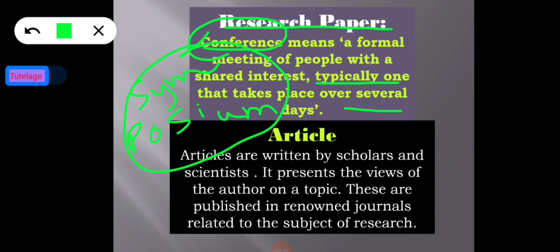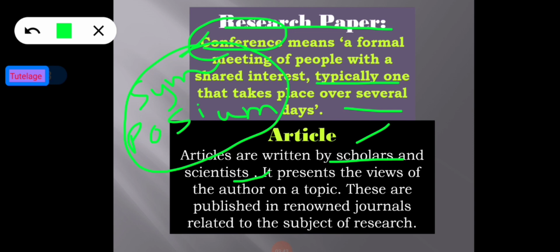Now going to the next point, that is articles, research articles. Research articles are written by scholars and scientists. We have already said a term paper is usually written by students, and research articles are written by scholars and scientists.